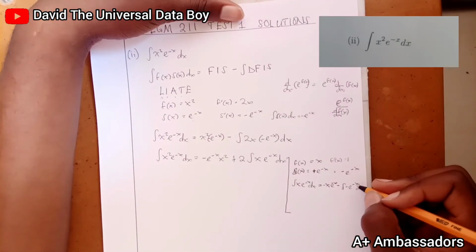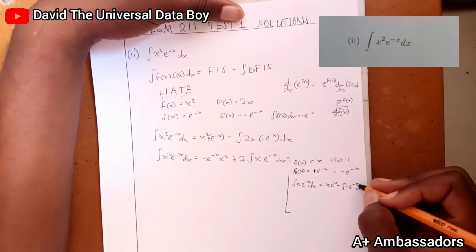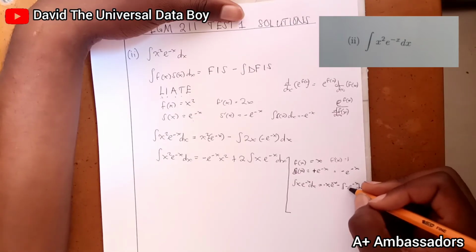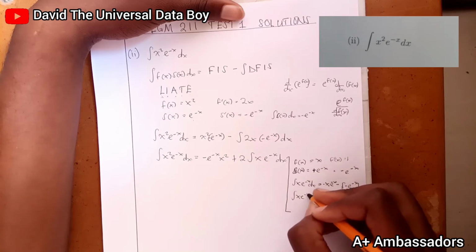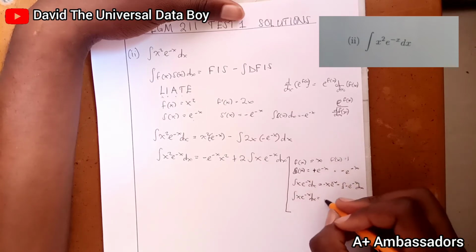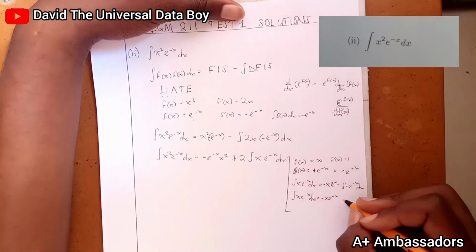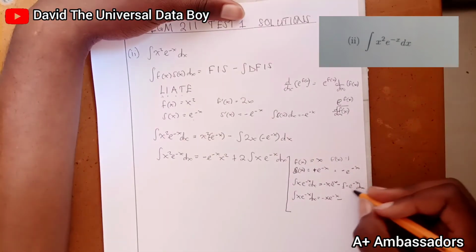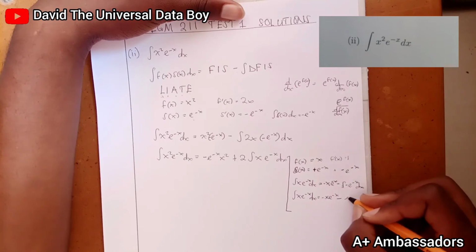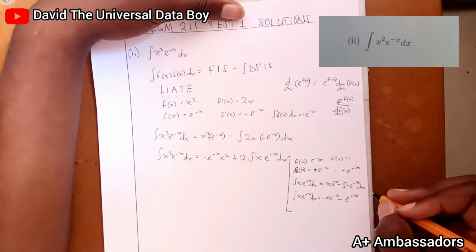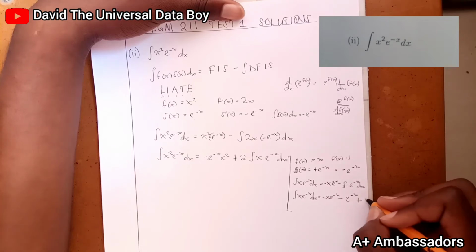Then the integral of this one, since this one is negative, when we have the negative again, it's going to become positive. So the integral of e to the power negative x dx is equal to negative x e to the power negative x minus whatever we're going to find in here, the integral of e to the power negative x will just be negative e to the power negative x, plus c.